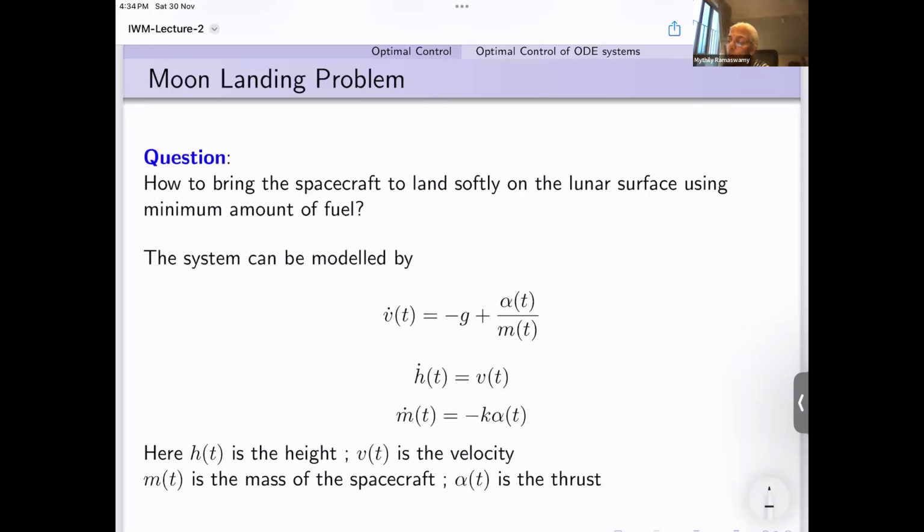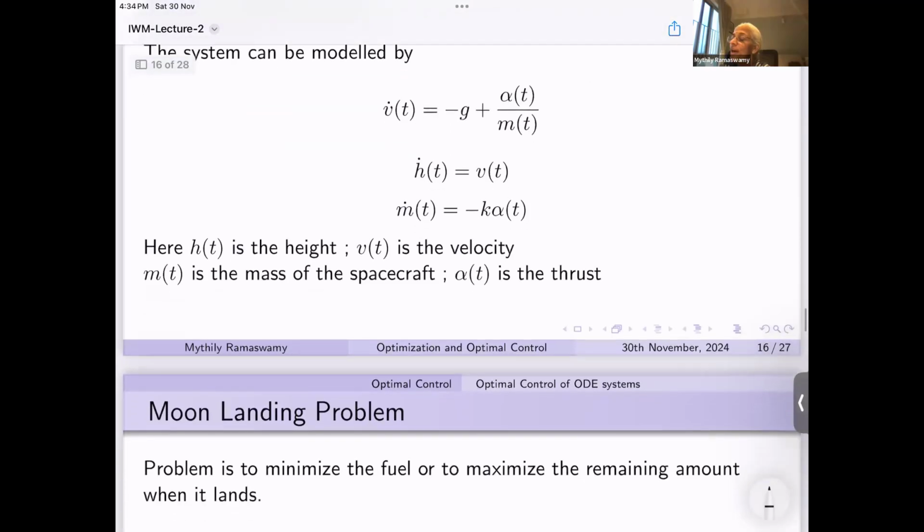It's negatively proportional because if we give more thrust, the mass will decrease faster, so I have put a minus sign. So this is already 3 variables, v, h, m, but luckily they're all ODEs, and the dynamics is given by the right-hand side.